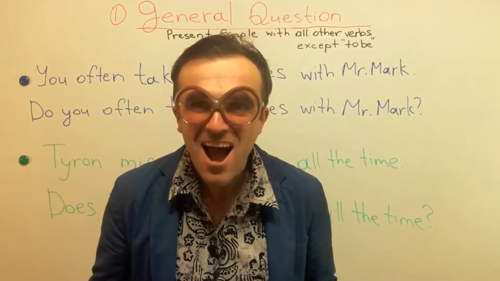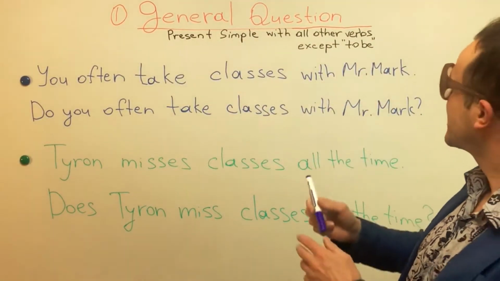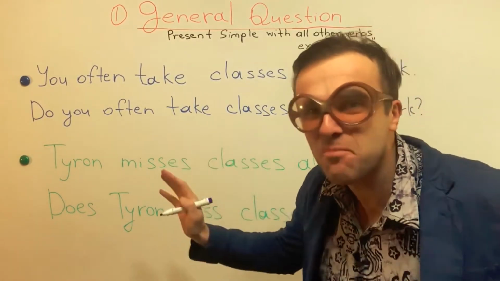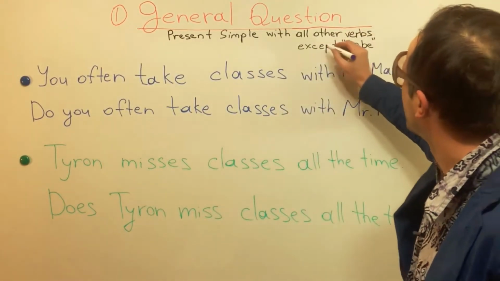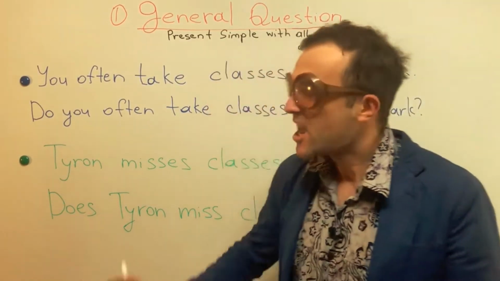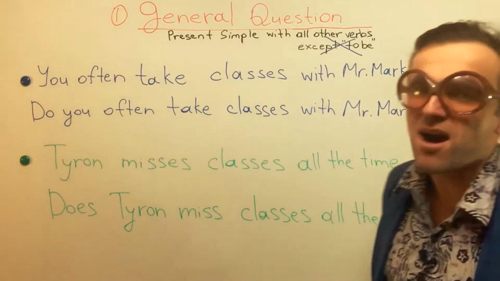Hey guys, so now the general question with all other verbs except the verb to be. So to be, we are not talking about to be anymore, okay? So, for example, you often take classes with Mr. Mark.